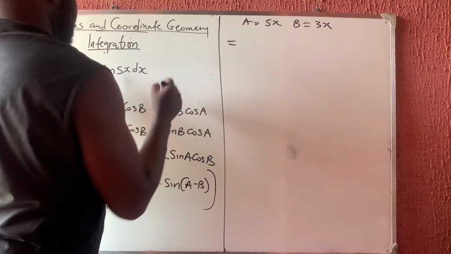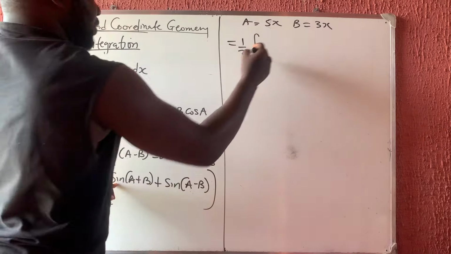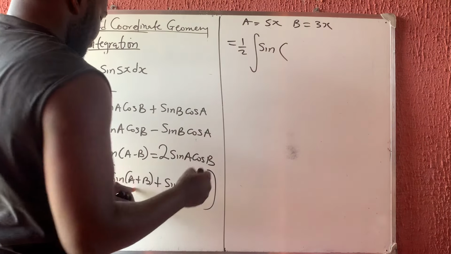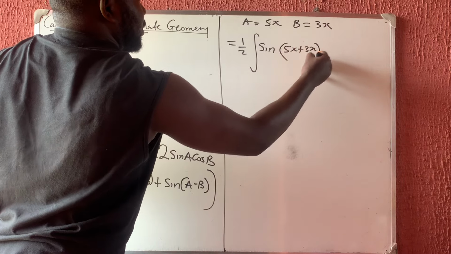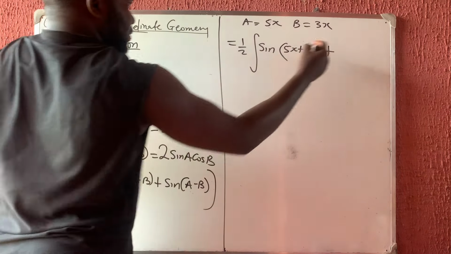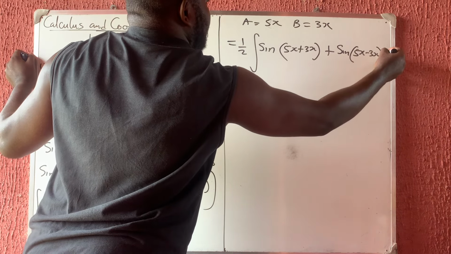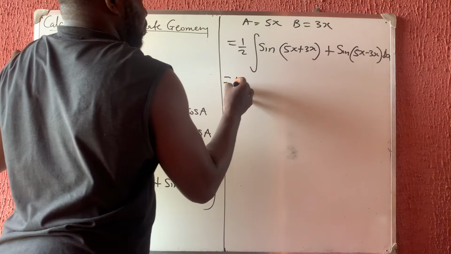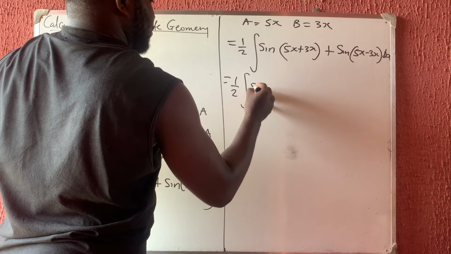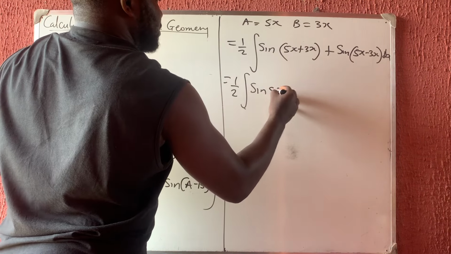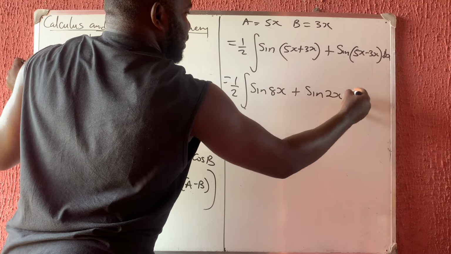So the integral of sin a cos b dx is 1 over 2 the integral of sin(5x + 3x) plus sin(5x - 3x) dx. So this is 1 over 2 the integral of sin 8x plus sin 2x dx.